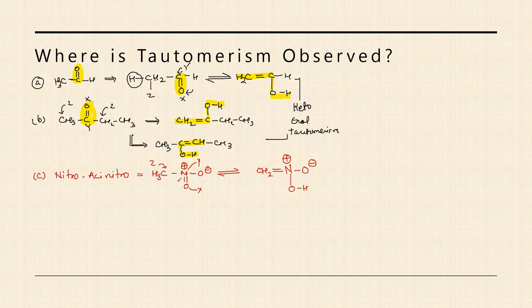So this becomes nitro, acinitro. The right structure is called acinitro, the left one is called nitro.